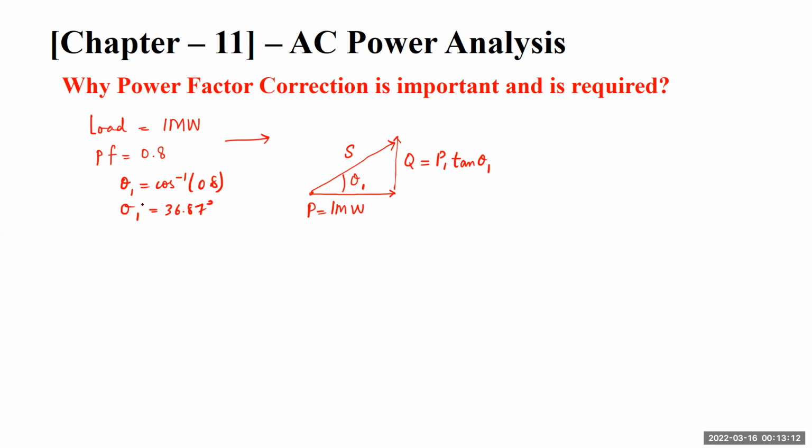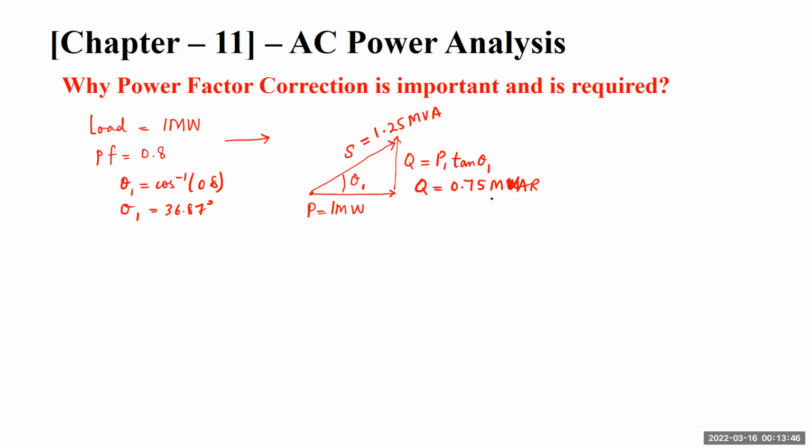Taking the tangent, it comes out to be 0.75 megawatts, and my overall S will be the square root of 0.75 square plus 1 square, around 1.25 MVA. So this is 0.75 MVAR.